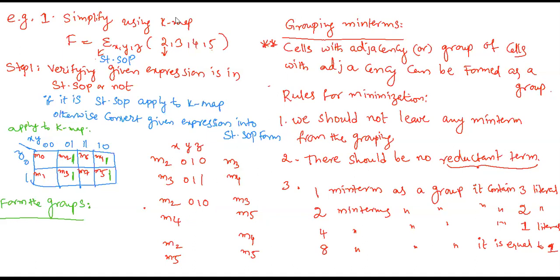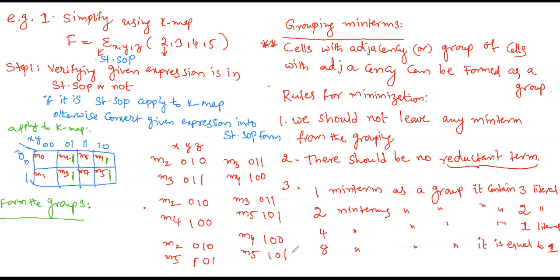Write down the corresponding values. This is just like our binary values. 2 means 0, 1, 0. 5 means 1, 0, 1. 3 means 0, 1, 1. 4 means 1, 0, 0. 5 means 1, 0, 1. 4 means 1, 0, 0.